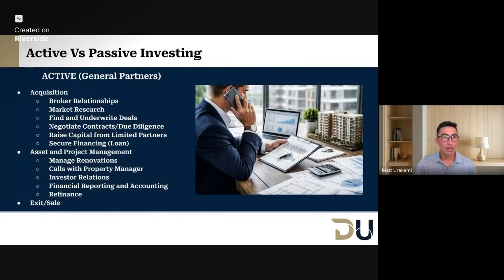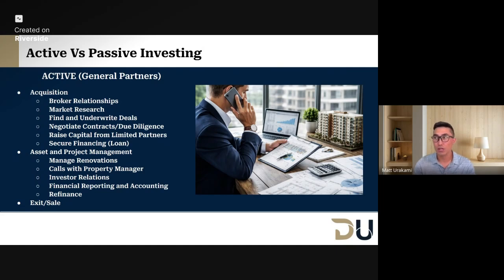Now, the active general partners, or the sponsors. There's active investing and passive investing, the general partners being the active investors. There's a laundry list of day-to-day activities they're going to do behind the scenes that limited partners aren't necessarily going to see every step of the way. It starts with the acquisition, building relationships, and being able to source deals, whether off market or on market.